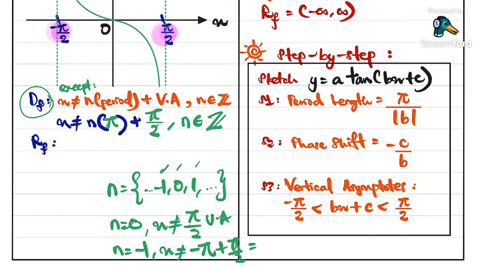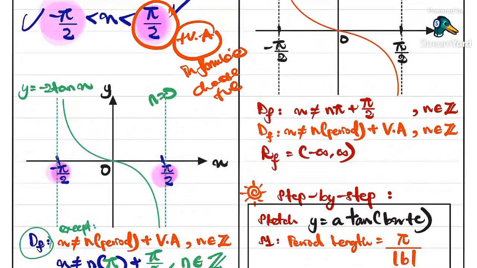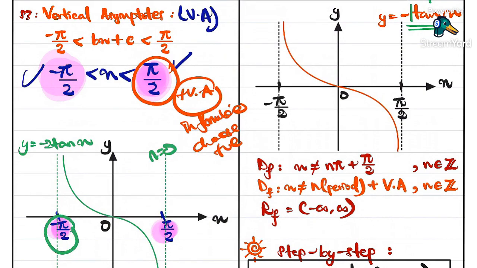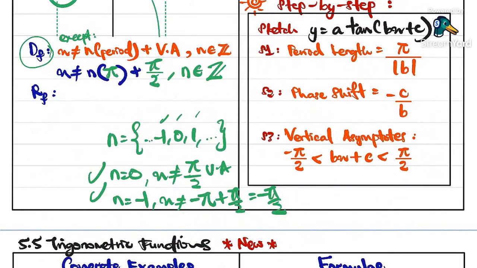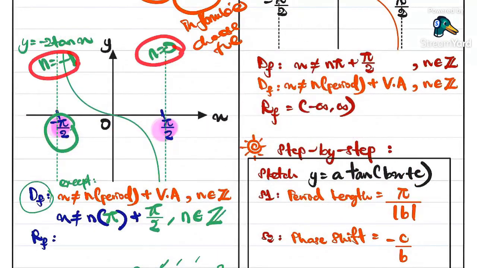You try calculate it. And you will get negative pi over 2. So basically at this asymptote negative pi over 2, this is actually you are using n equals to -1. So basically that's it. In one cycle you use two different value of n, which is n is equals to 0 and n is equals to -1, betul tak?